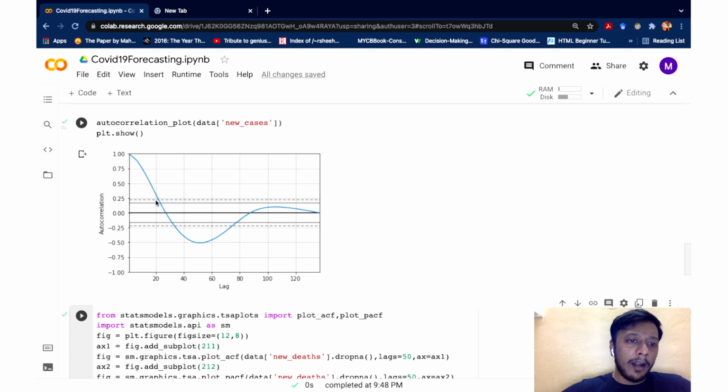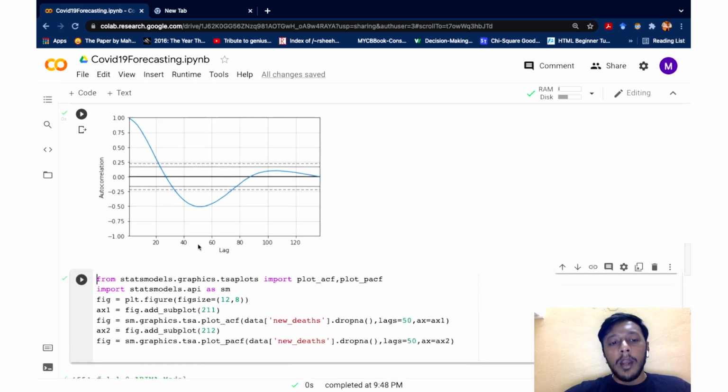The lags that are above these dotted lines are significant lags with respect to the original data. We could see that very short lags are significant, but as we increase the time window, it's getting very bad. And after 40 days or so, it's negatively correlated. Which means if it was very high 40 days before, today it will be very low. So it will be totally opposite.